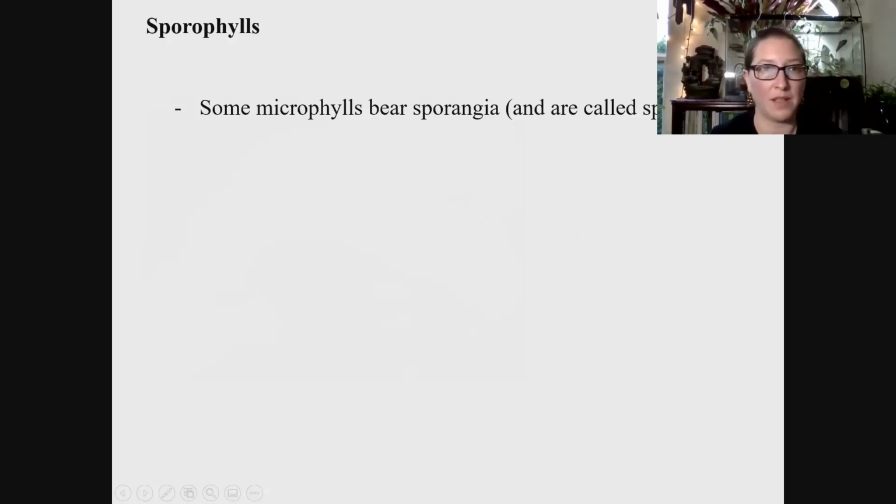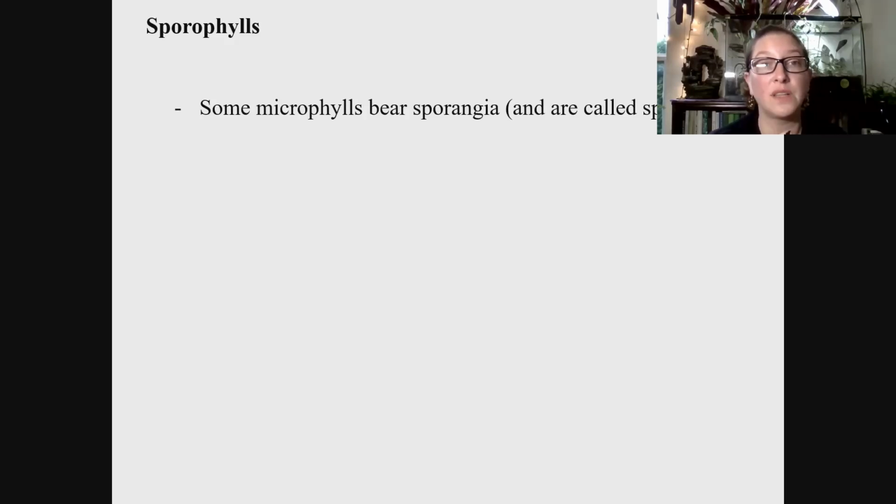My head also might be blocking this. But so you have microphylls, which are a simple leaf with one vein. And some microphylls have sporangia on them, because I said at the top of the class that in the vascular plants, sporangia are located on leaves.